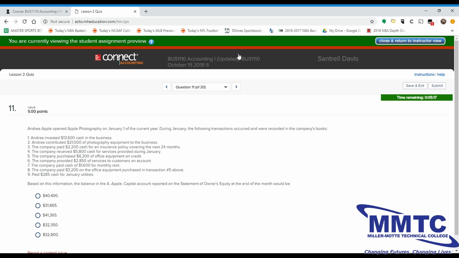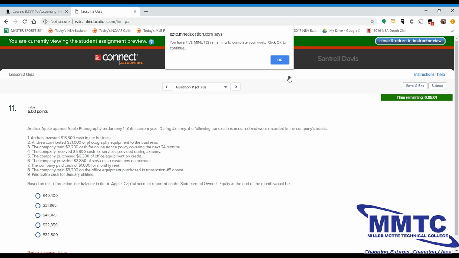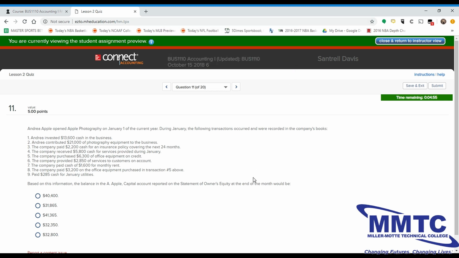So $13,600 was the investment, so we know that goes in. $5,800 was for services in January, that's revenue, so we know that goes in, revenue minus expenses. $1,600 rent expense. $3,200 we paid, so that's an expense, right?